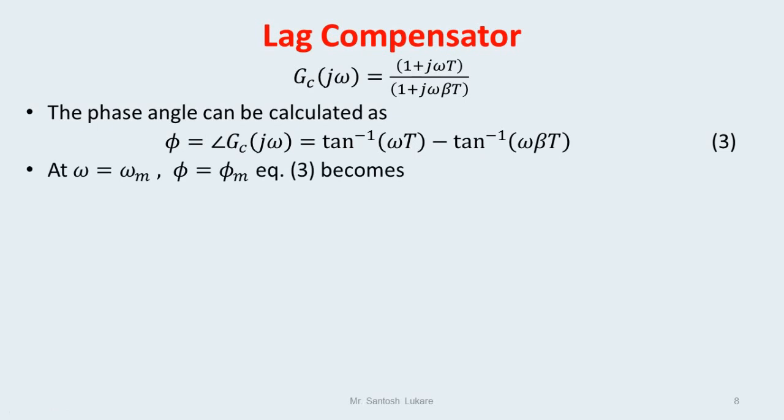We know that at the mid corner frequency, that is omega is equal to omega m, we are having the maximum phase, that is phi is equal to phi m.